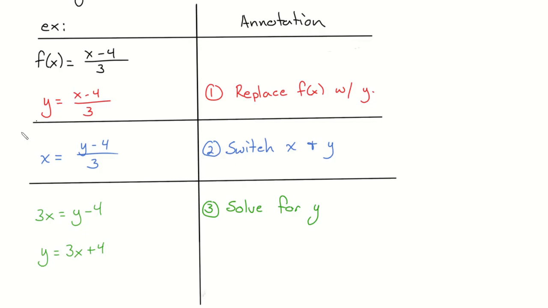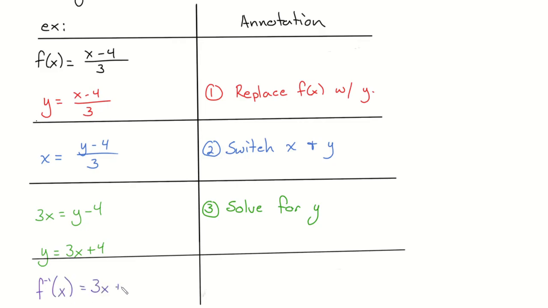One last step. If I want it to be very, very clear that I have the inverse, what do you think I should do? How could I write this so it's very clear that it's the inverse? How do you write the inverse of f? So you can say it this time. F, there's an exponent that I'm going to connect to it. So check it out. F inverse of x equals 3x plus 4.